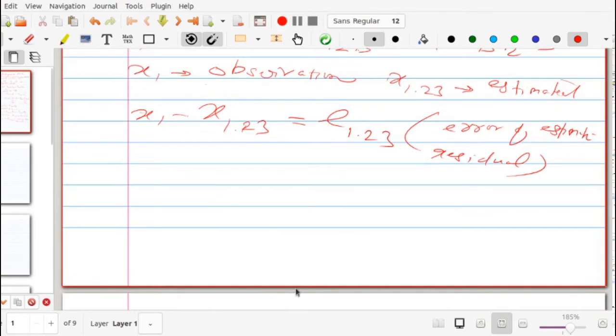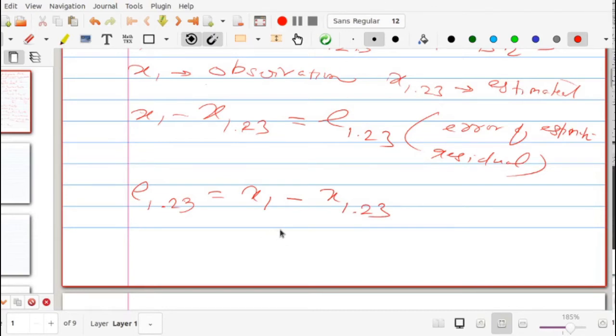So the residual or error of estimate of regression of 1 on 2, 3 is equal to the observed value of x1 minus the estimated value of x1.